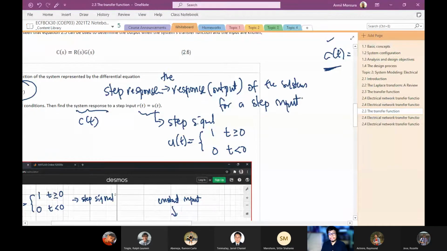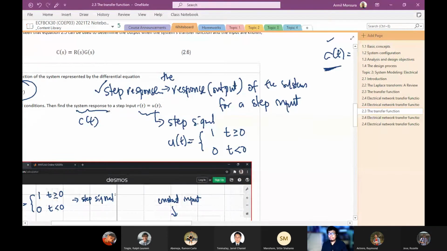If your input is a step signal, okay, then its output is the step response. Okay? So that is why kapag binanggit ng problem na find the step response of this system, okay? You would know that the input for that problem is a step input. Kasi yung step response yung hinahanap niyo. Okay? So I hope this term is clear and is something na tatandaan niyo all throughout, kasi yun nga, madalas natin gagamitin yung term na yan.